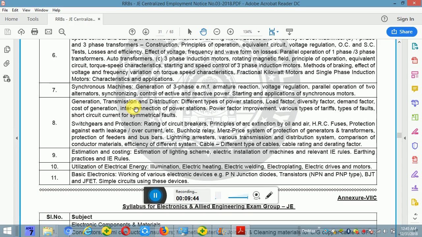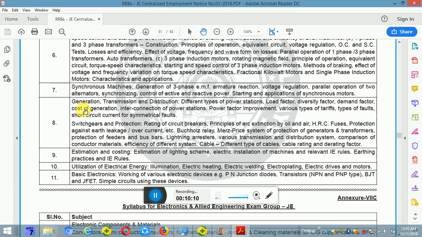This is the total process included in generation, transmission and distribution, with different types of power stations. In generation, we will generate power in power stations like thermal power station, hydel power station, wind power station, tidal power station.